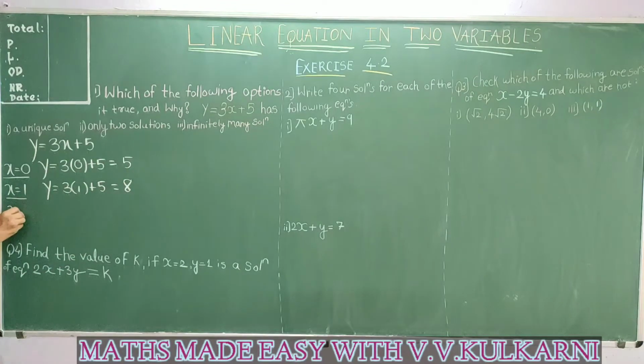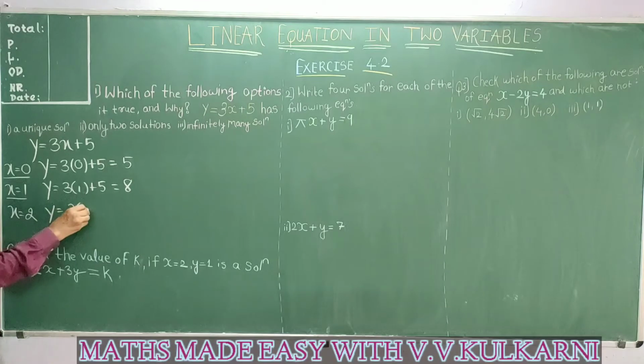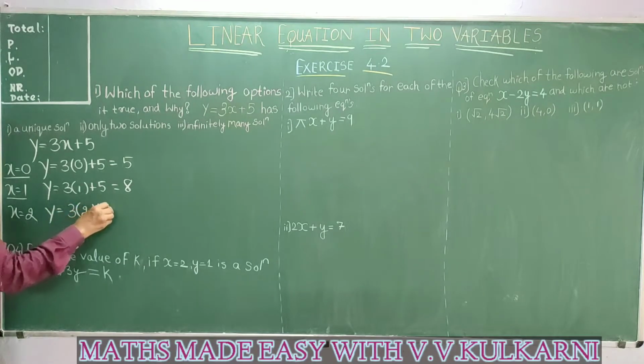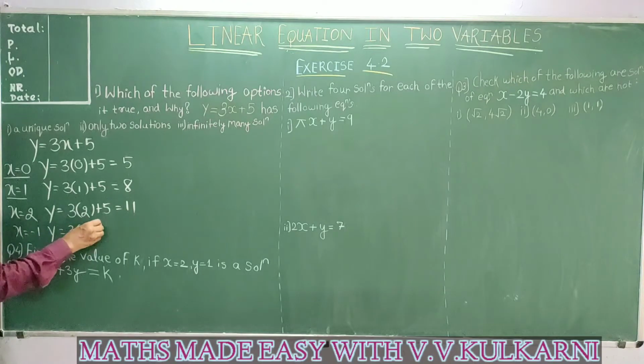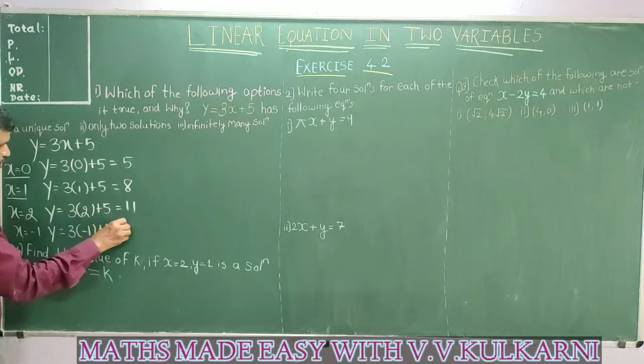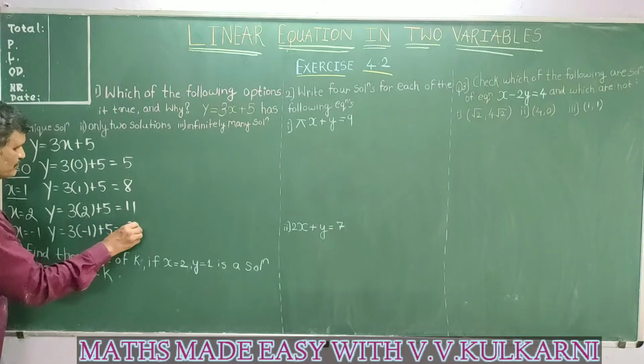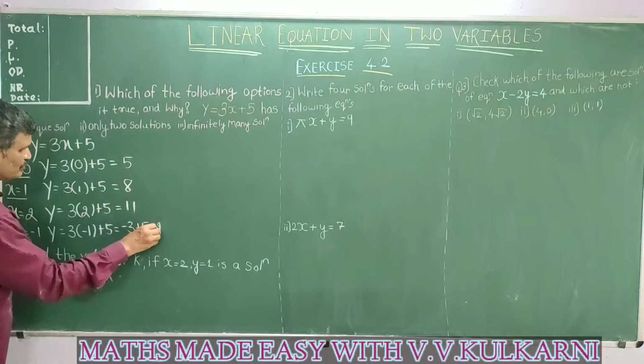If I take x = 2, then y = 3 multiplied by 2 plus 5, which is 6 plus 5, that is 11. If you take x = minus 1, then y = 3 into minus 1 plus 5, which is minus 3 plus 5, that is equal to 2.